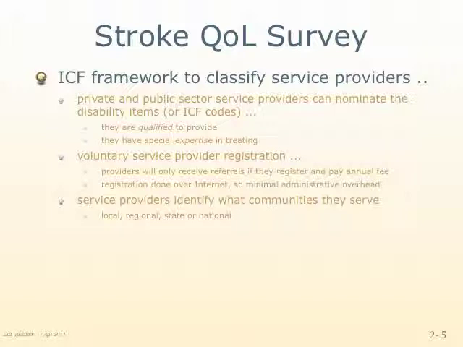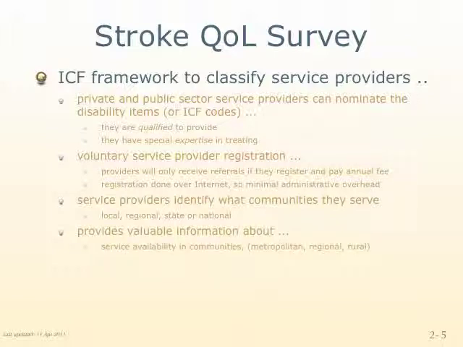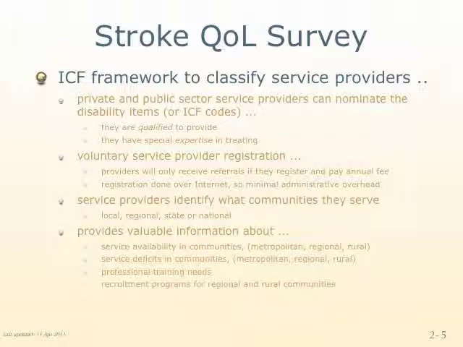This services provider database will provide valuable and up-to-date information about service availability in metropolitan, regional and rural communities, service deficits in metropolitan, regional and rural communities, professional training needs, and recruitment programs for regional and rural communities.